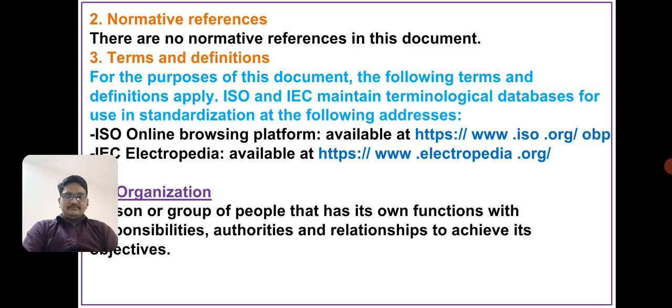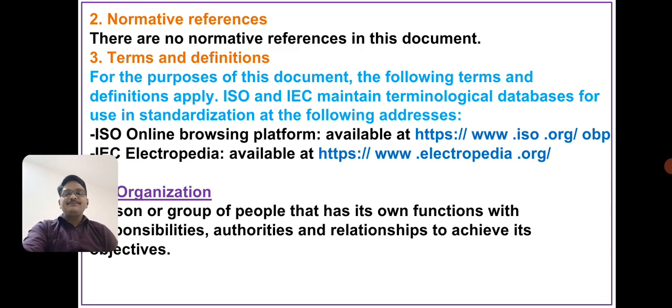And this is clause number 2, normative references. There are no normative references in this document. And clause number 3 is terms and definitions. For the purposes of this document, the following terms and definitions apply.